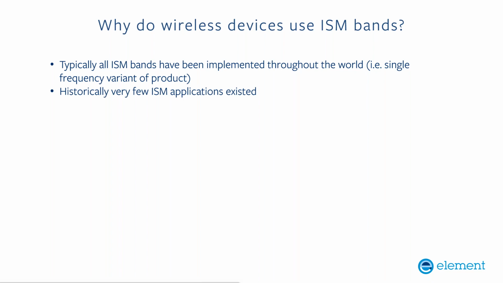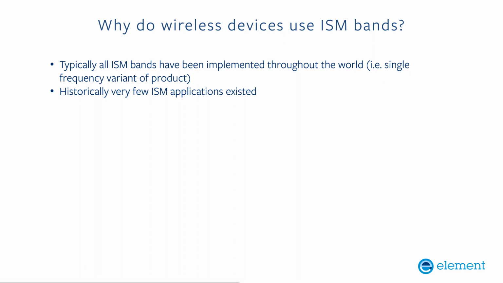Historically, it should also be noted that there are very few ISM applications which existed. So although many communication manufacturers may have realized it's an ISM band and there is, on the whole, an unrestricted power level that can be used in that band, you might think the probability of interference is very high.